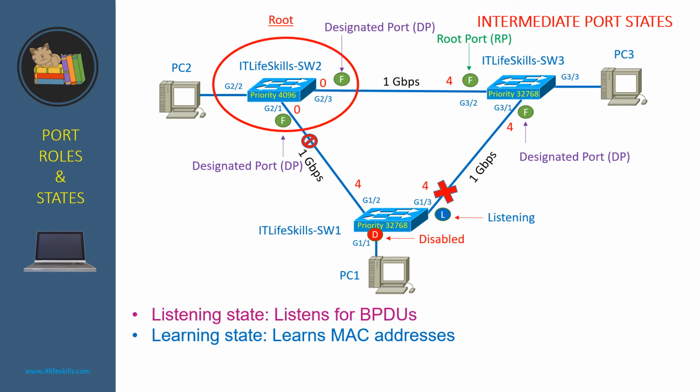At listening state, the port Gi0/3 only listens for BPDUs to get ready to transition to learning state. At learning state, Switch 1 learns MAC addresses received on port Gi0/3 to get ready to transition to forwarding state, and here is the entire transition process.